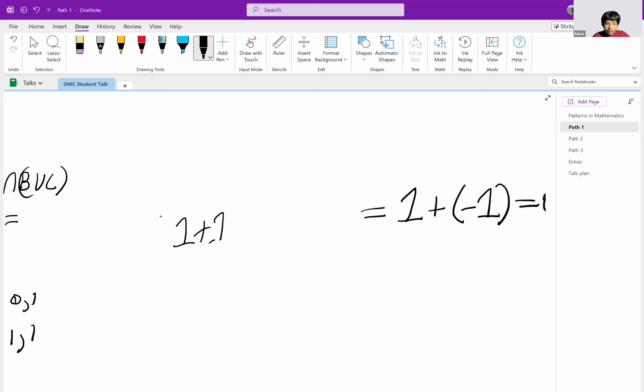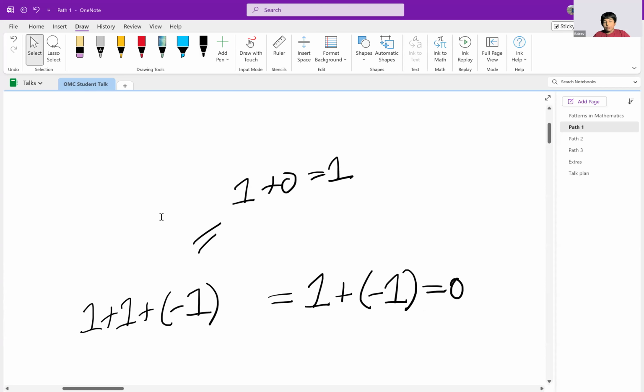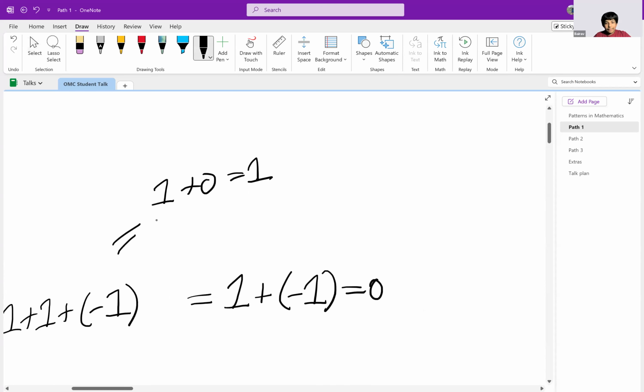Now we can write 1 plus 1 plus -1, and by associativity we get 1 plus 0, which is 1. So if we try to add additive inverses, we get that 0 is equal to 1.